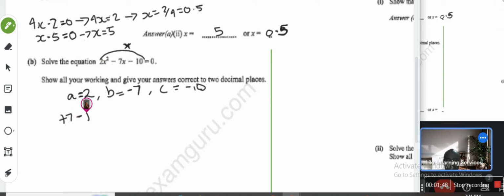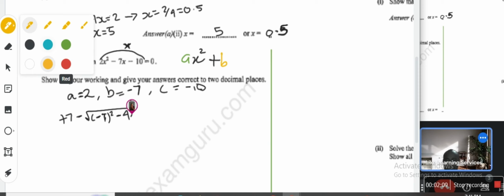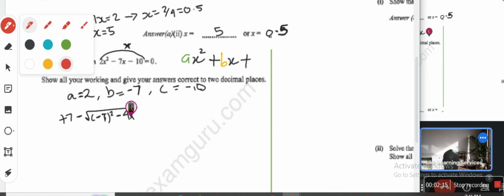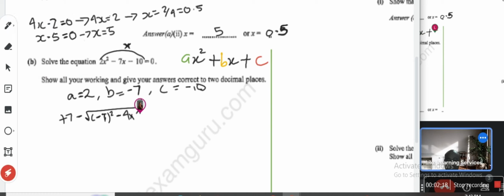Let me write it down here to remind you: ax squared plus bx plus c is the general quadratic form. So a is 2, b is minus 7, and c is minus 10. Make sure you remember the formula.